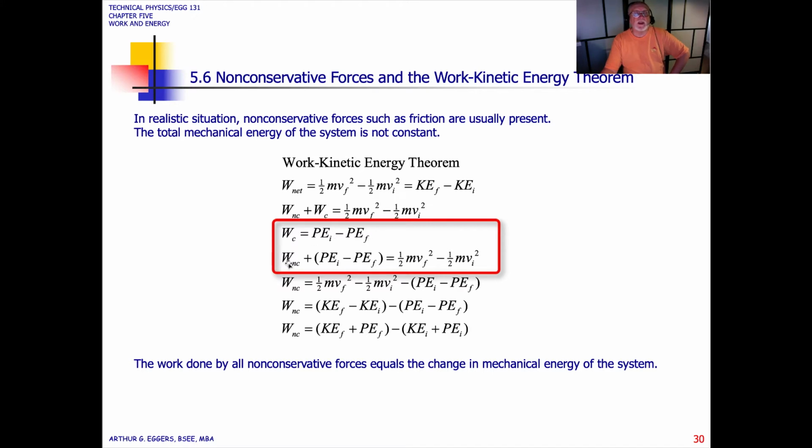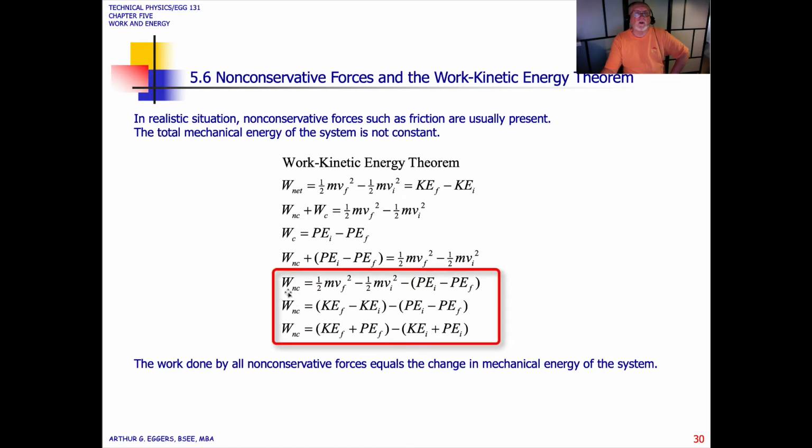To that, we can add our work non-conservative directly to that relationship, and we end up again with our definitions here: 1/2 mv final squared minus 1/2 mv initial squared, such that the terms are subtracted if we're dealing with potential energy.